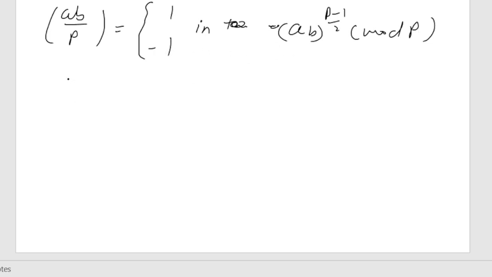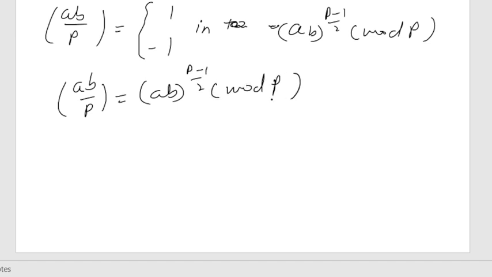That means in both the cases we have (ab/p) is equal to (ab)^((p-1)/2) mod p.